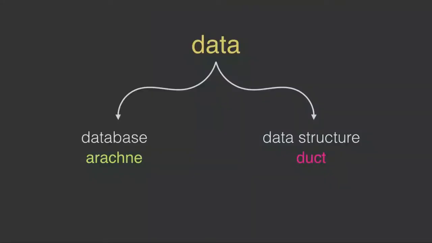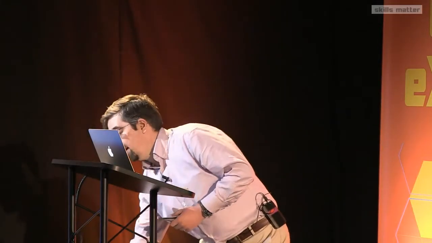So Duct takes a slightly different approach. Duct takes the other path. The other way of representing data is not to use a database, but to use a data structure, and in fact, it uses an immutable map. So the first way that Duct differs from Arachne is it uses a data structure, an immutable map, instead of Datomic.